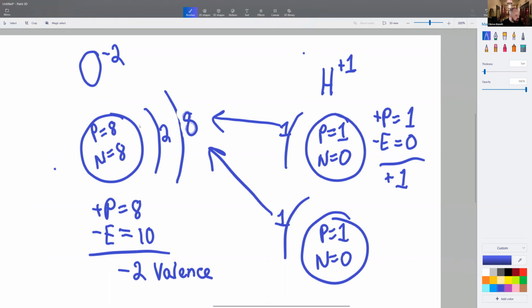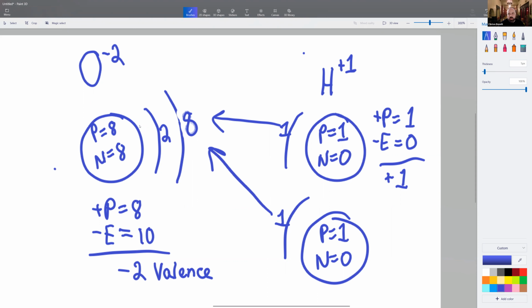So we have now oxygen with a -2 superscript indicating its valence of -2. We now have hydrogen. Each of its superscripts indicates a valence of +1. The -2 for the oxygen indicates a need for 2 electrons.